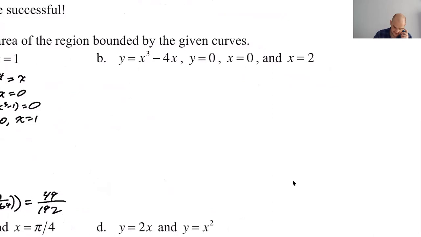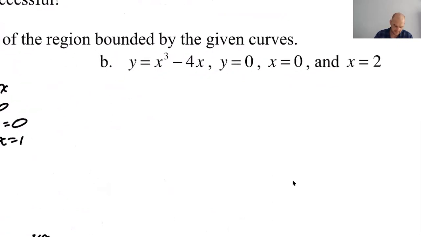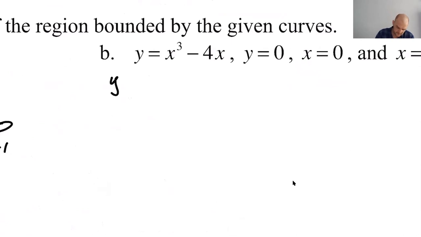All right, so here, our region is weird. It's this. y equals 0 is the x-axis, x equals 0 is the y-axis, x equals 2 is like a random vertical line. This, I don't know. I'm going to factor it. So that's going to be x squared minus 4, so x plus 2, x minus 2.